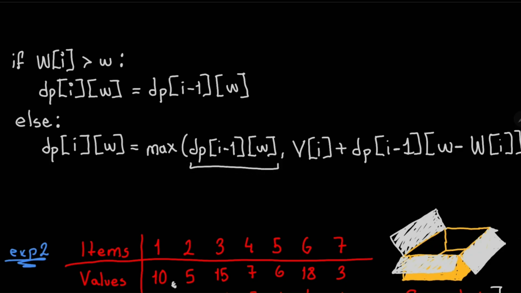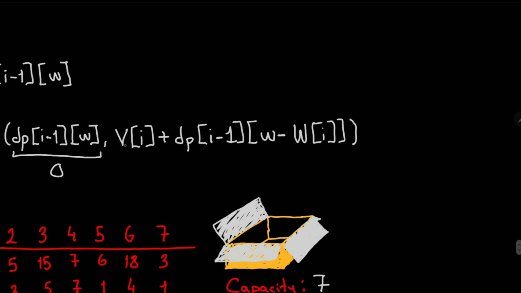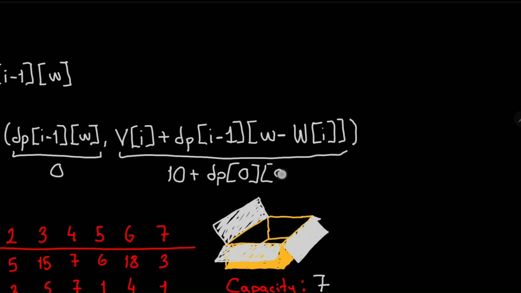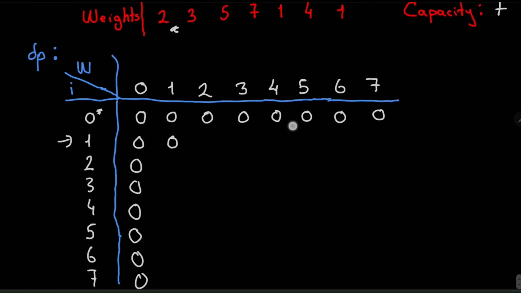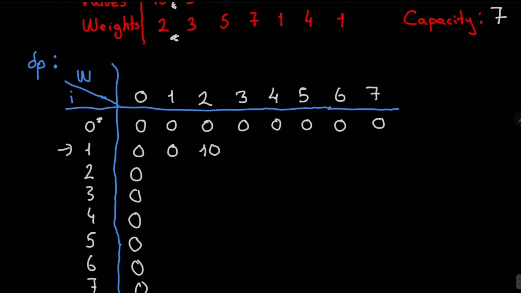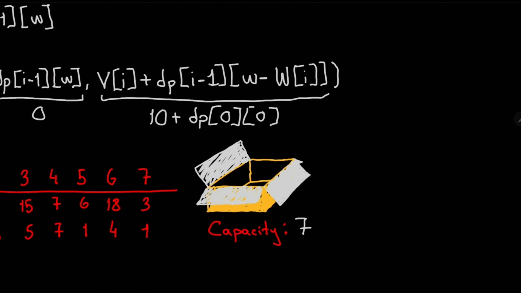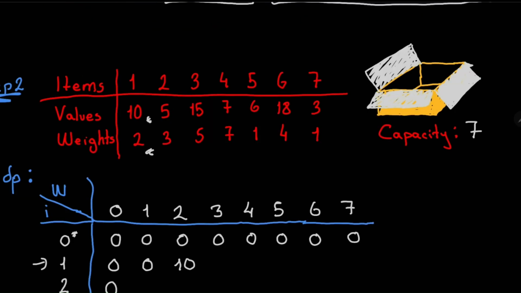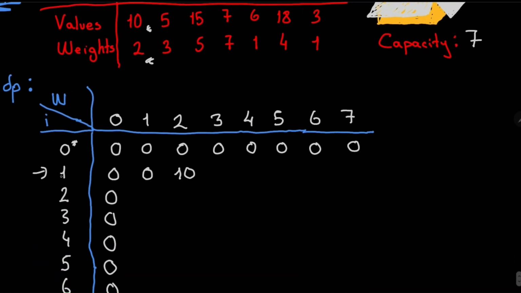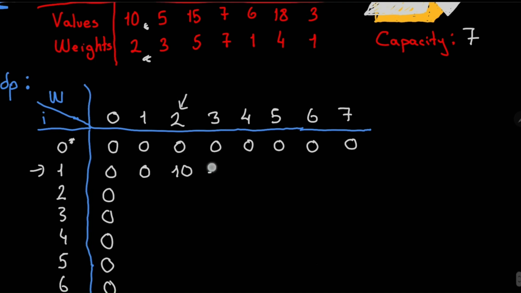The previous row is 0 and 10 plus dp 0, 0, which is giving 10, I guess. Yes, because this part is 0 and the whole expression is 10, so we are taking 10. As you remember, when we are looking at the first item in the table, after the threshold, we can fill the remaining parts with the same value.